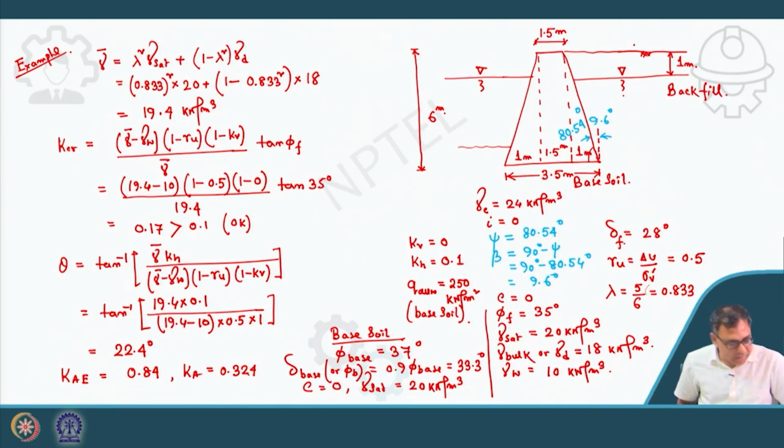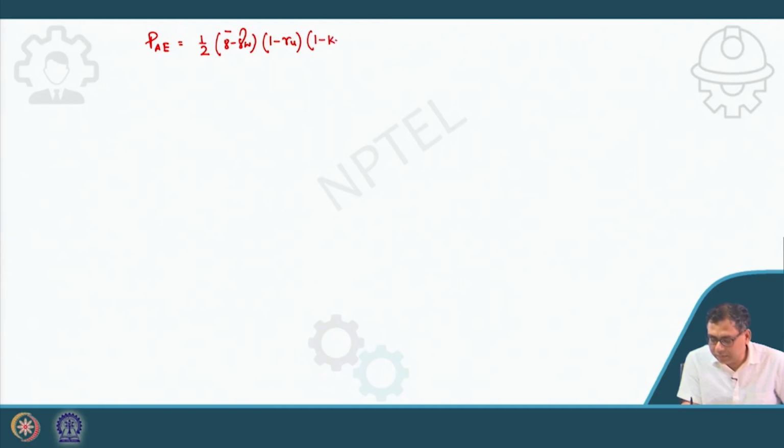Now I will calculate the PAE value, for the partially saturated condition. This will be half into gamma bar minus gamma W into 1 minus Ru into 1 minus Kv into KAE into H square.